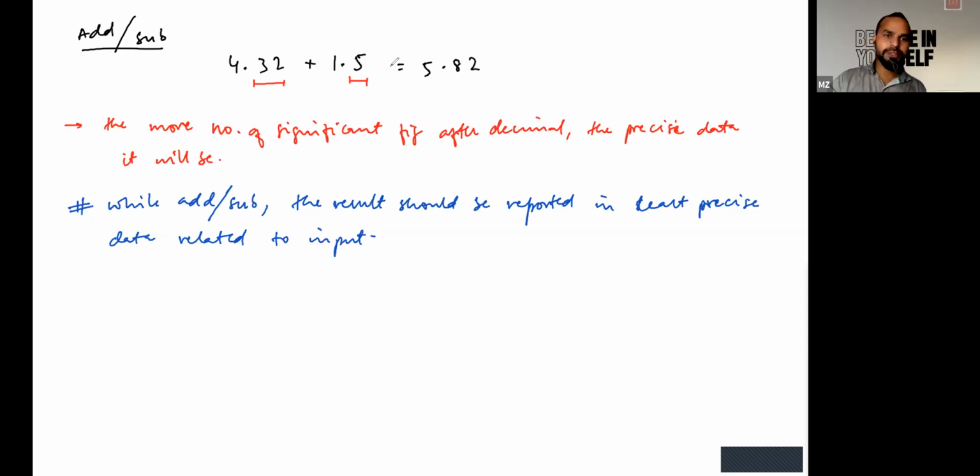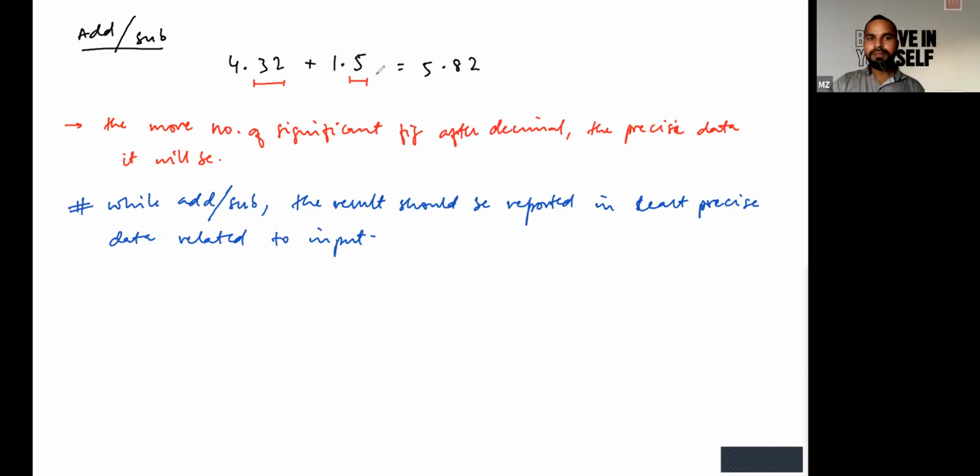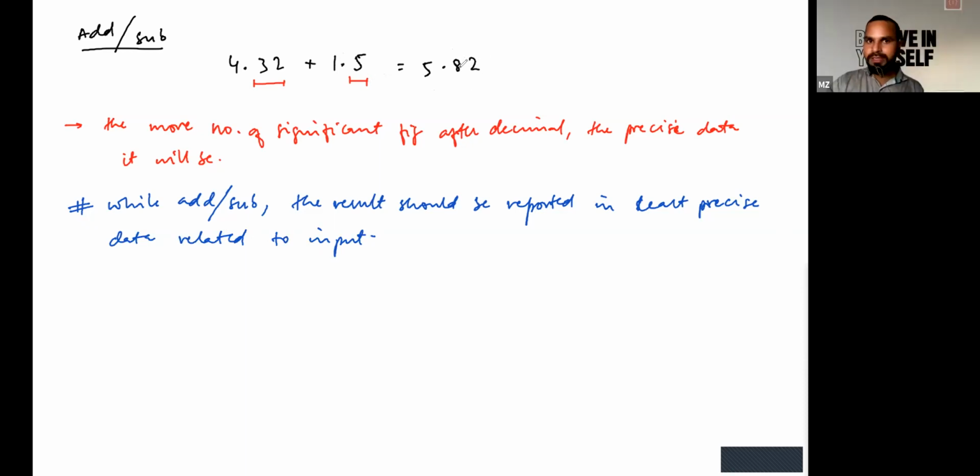Alan, just tell me which of these inputs is least precise? 1.5. How many significant figures are there after decimal? 1. So the final answer must contain one significant figure after decimal. So it will be 5.8. Now we have to round off this number up to one place after decimal.